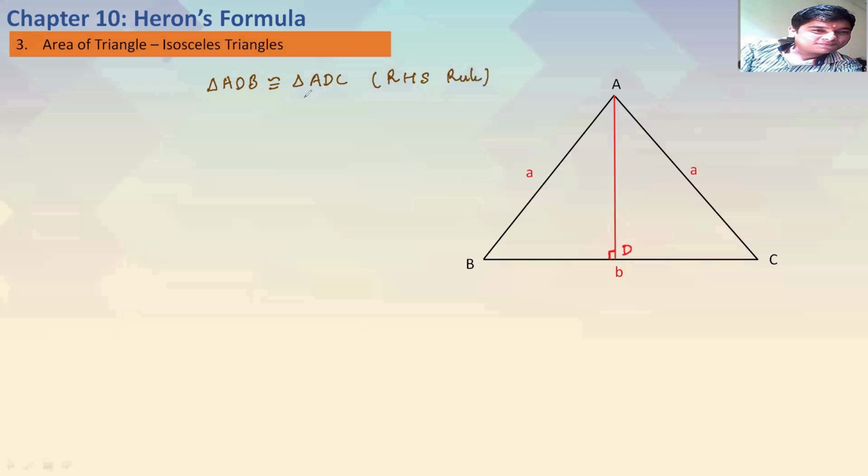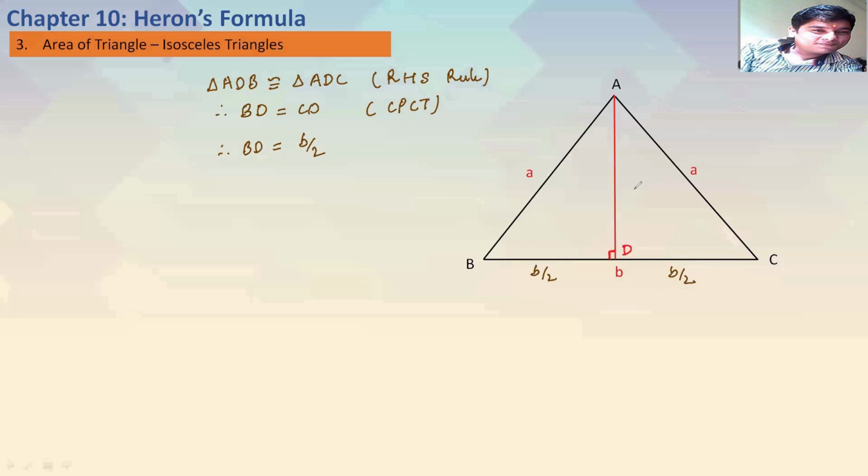So it means that BD is the same as CD. So BD and CD must be half of B. Do you agree? So this is B by 2 and this is B by 2.